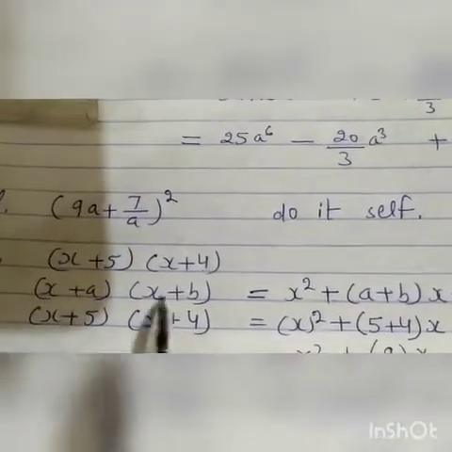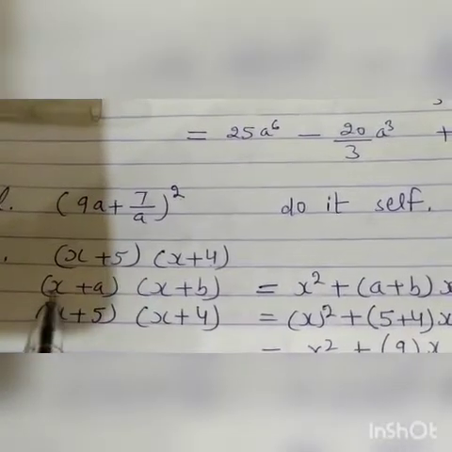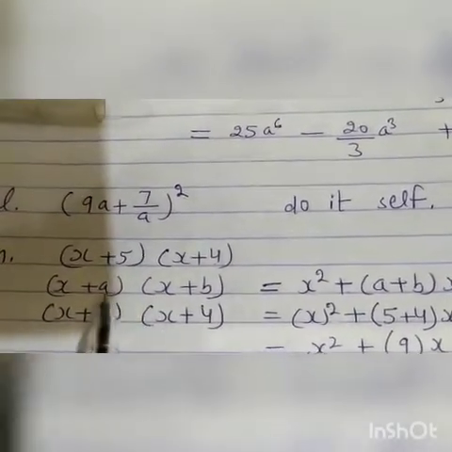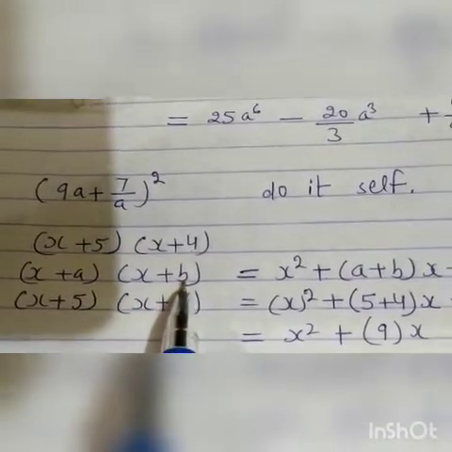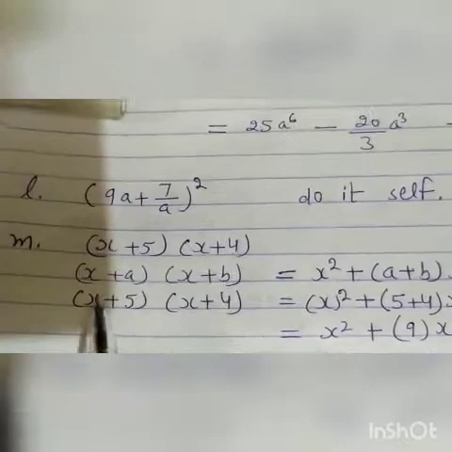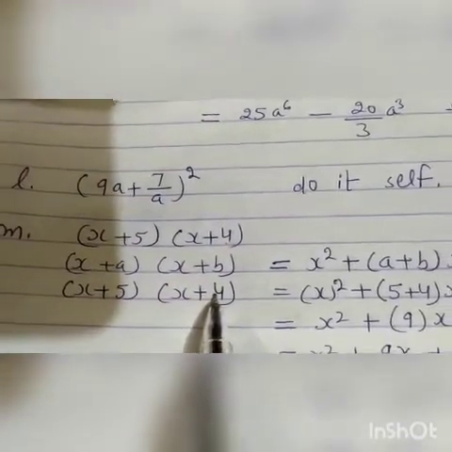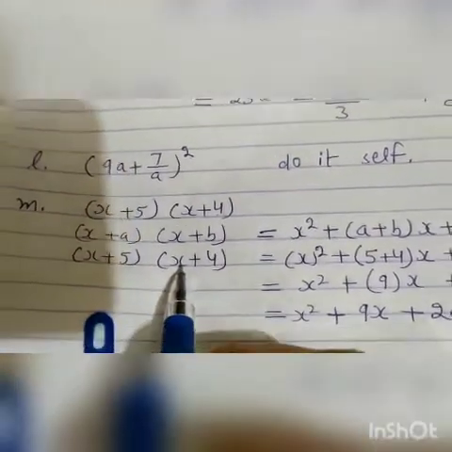In this question, the first term in both the brackets will be the same, x, x. Then this is the second term of the first bracket, this is the second term of the second bracket. So if we write below it (x plus 5) and (x plus 4), what is the first term? x in these two brackets also.